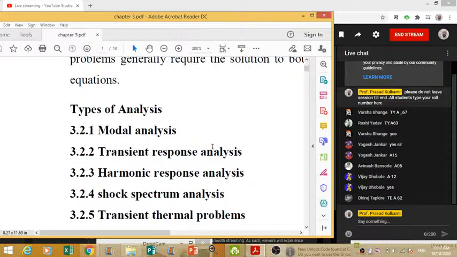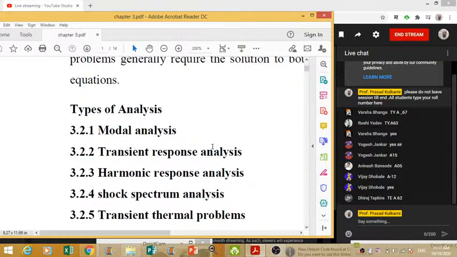And there are types of static analysis such as linear static analysis and non-linear static analysis. The main difference between linear and non-linear analysis is the material properties. Non-linear static analysis consists of non-linear material properties.